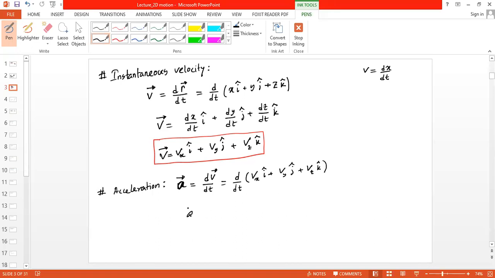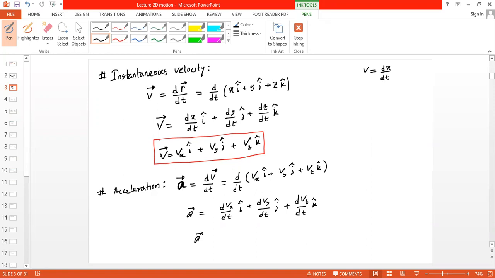This is equal to dv_x over dt i plus dv_y over dt j plus dv_z over dt k. And dv_x over dt is the acceleration along x direction.